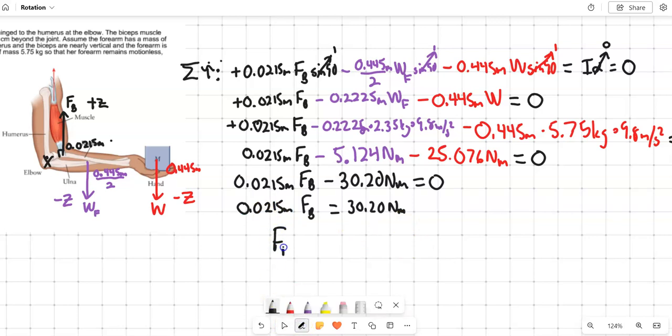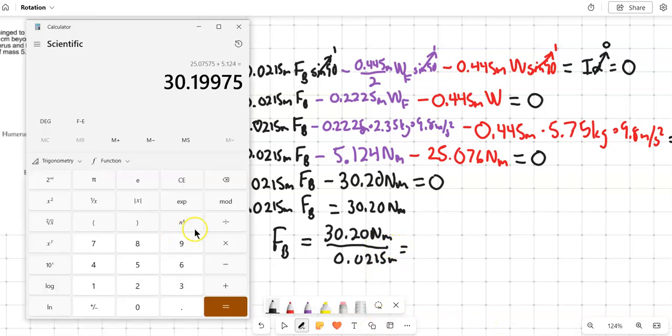So that bicep force is going to be equal to 30.20 Newton meters of torque divided by 0.0215 meters, and we get 1404.